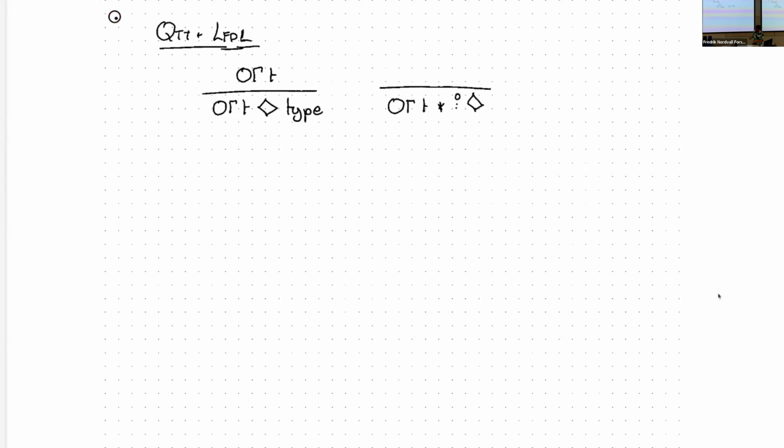And indeed, it acts like a unit type. So we have the eta rules. If we have any other M of type diamond in the 0 fragment, then M is equal to the star.